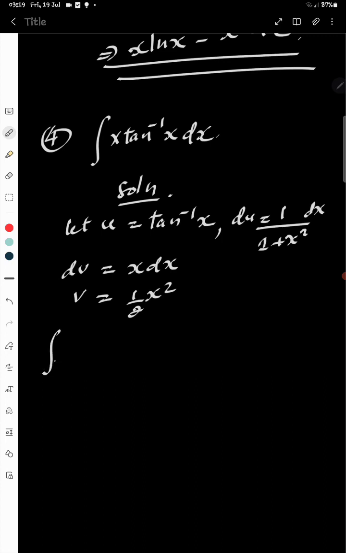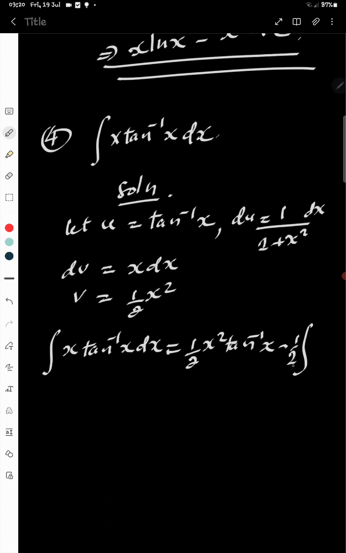Therefore, the integral of x tan inverse of x dx equals half x squared tan inverse of x minus half integral of x squared over 1 plus x squared.